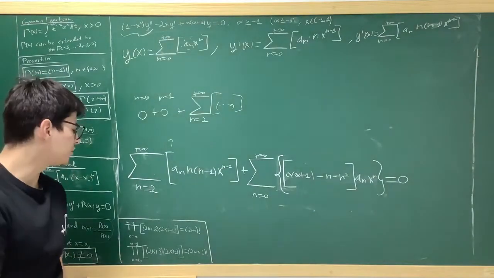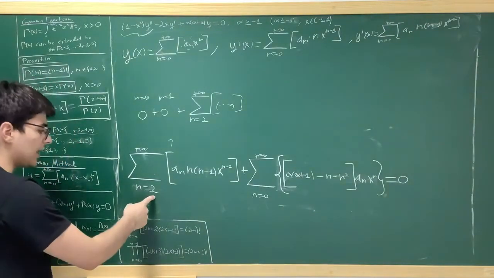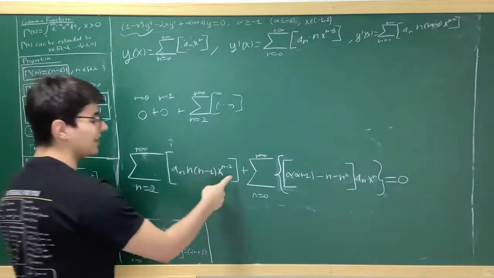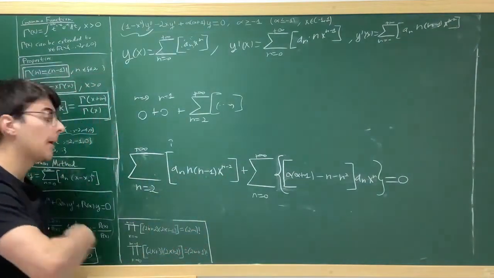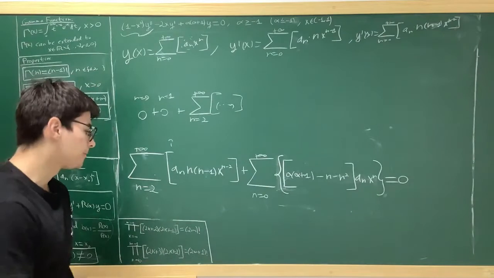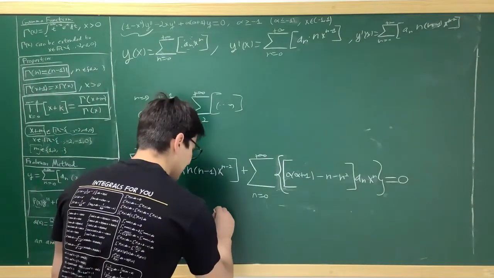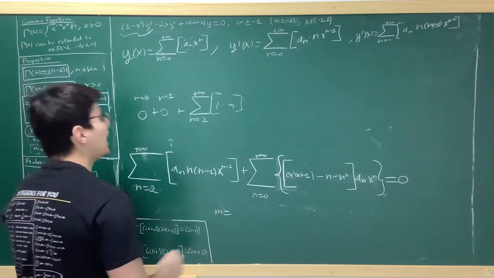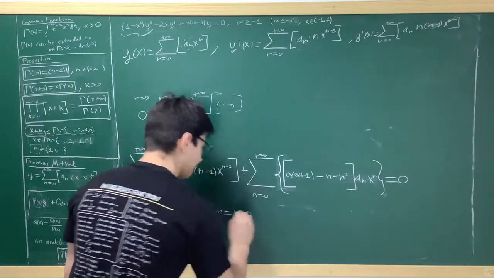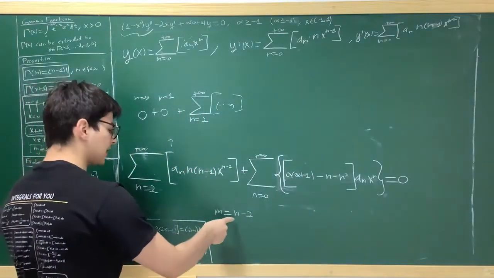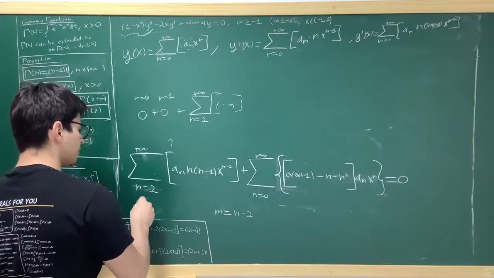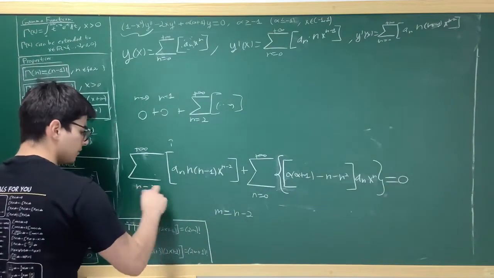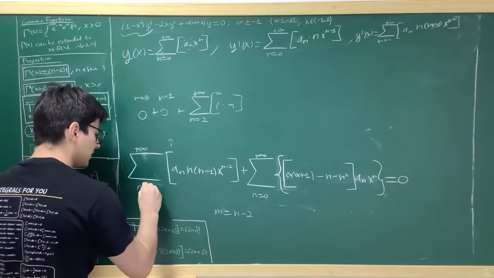And what I usually do to do it fast is to say, okay, I'm going to subtract 2 here and add 2 on all the n's here. But if you don't see that clearly, let's just say that m is equal to n minus 2. This is the change of variables. Notice that when n equals 2, m is 0.